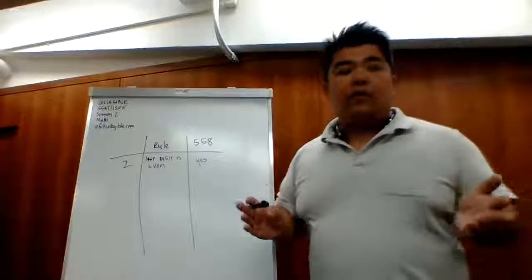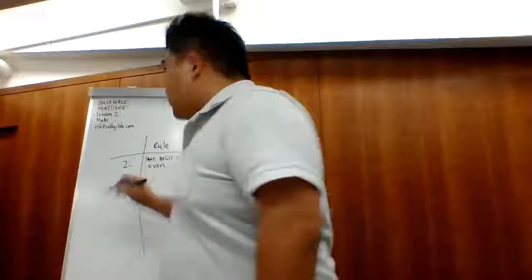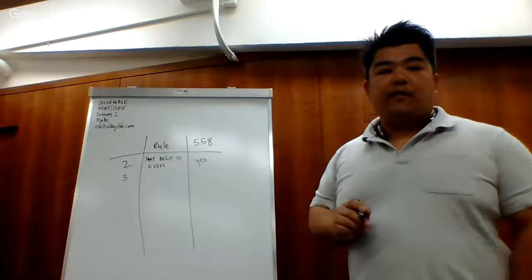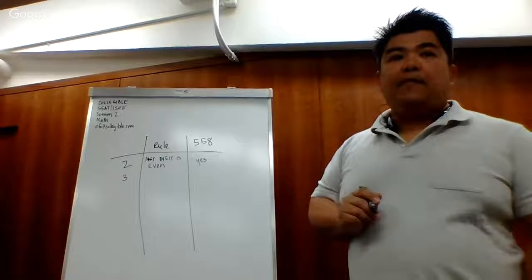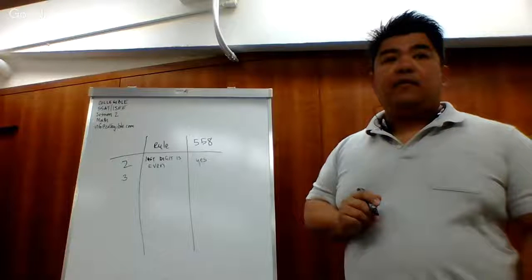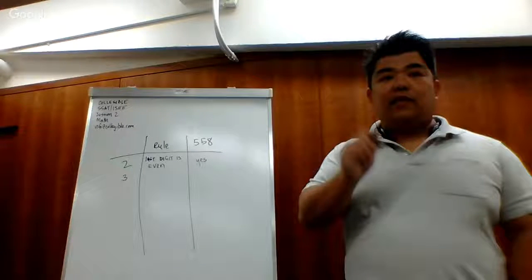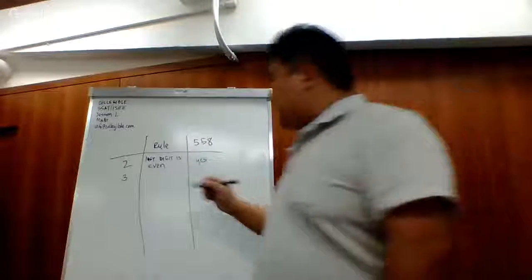Who knows the rule for whether something is divisible by 3? Anybody here know the rule? Go ahead, Maggie. That's right. The sum of the digits is divisible by 3. So I'll write this here.